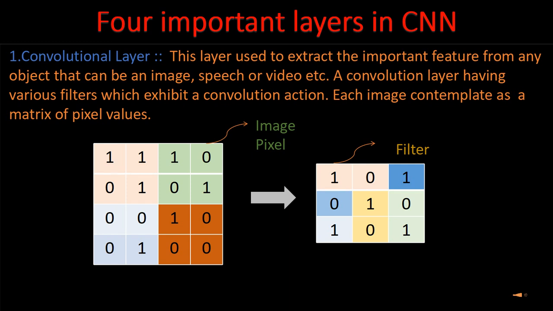The output is termed the feature map, which provides particular features of images such as corners and edges. That activation map is then fed to further layers to learn various different features of the input image.